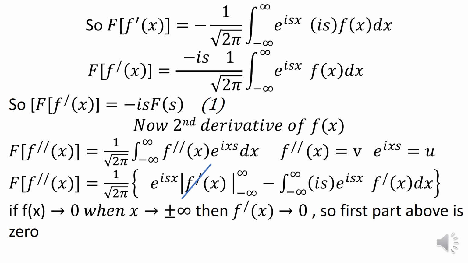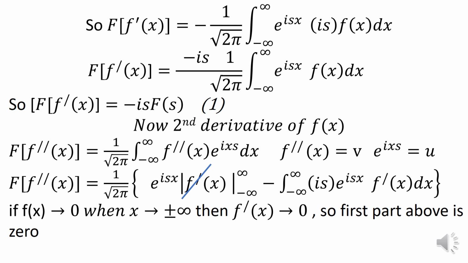So now this is equal to minus iota s, which you can take outside, times 1 by root 2 pi, and what is left is the integral of e to the power iota s x f(x) dx. So the Fourier transform of f dash x will be equal to what? It will be minus iota s times F(s).